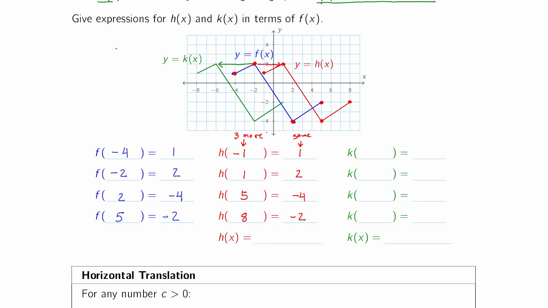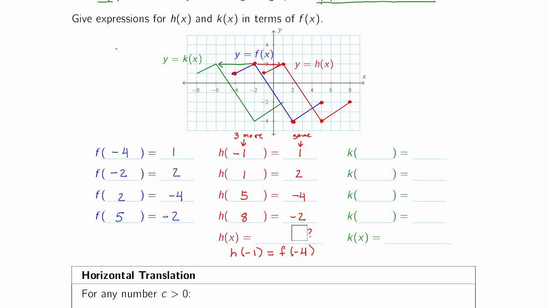So we might be thinking, is it f of x plus 3? But let's look at this more carefully. When we took h of -1, that was the same as f of -4. We didn't take the input of h and add 3 to it. We said, what do we need to add 3 to in order to get the input of h?